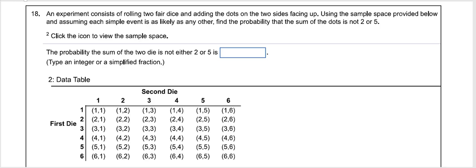So what does the set look like that it is a 2? Let's say the set containing a sum of 2. What does that look like? Well, that's just the 1, 1.